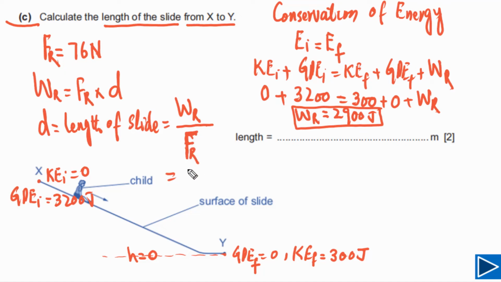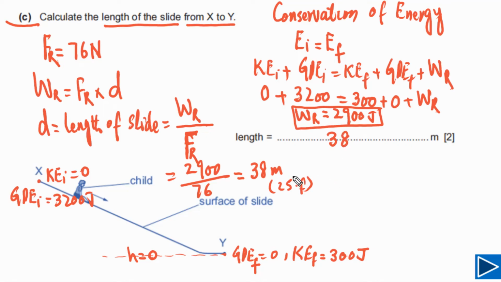The work done against resistive forces is 2900. We need to divide by the resistive force, 76 newtons. So our final answer is 38 meters to 2 s.f.